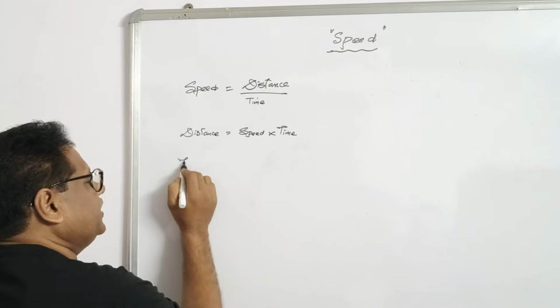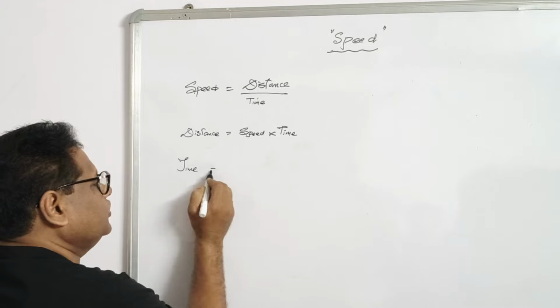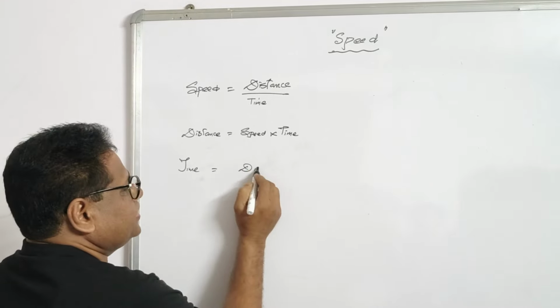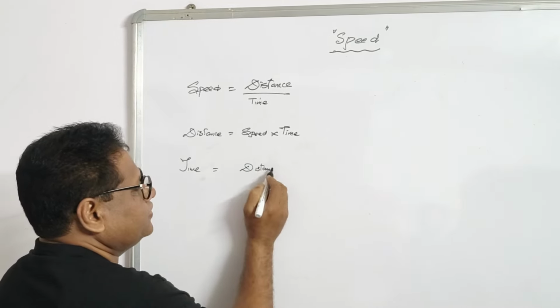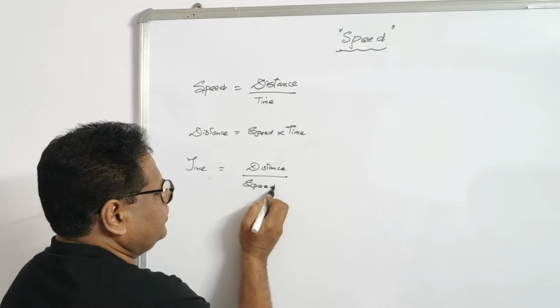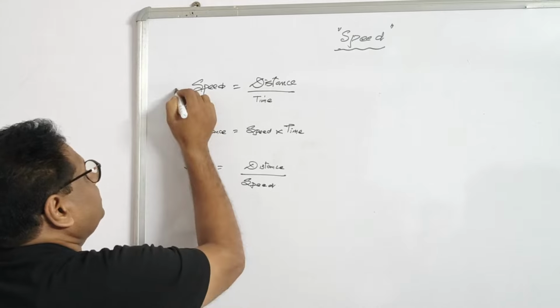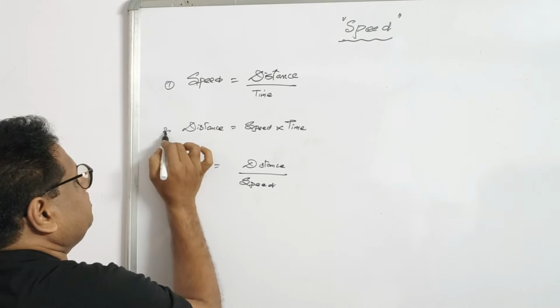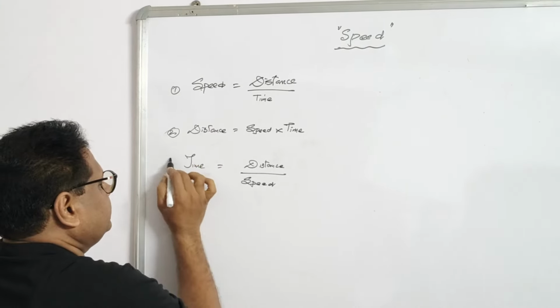If you want to find the time, divide the distance by speed. Okay, now this is the first expression, this is the second expression, and this is the third expression.